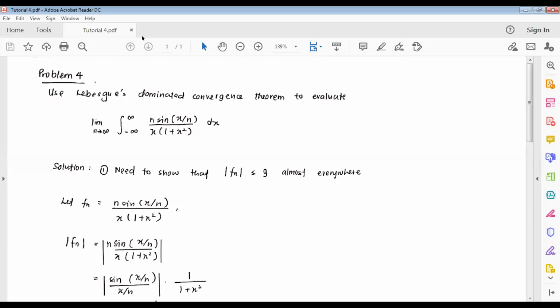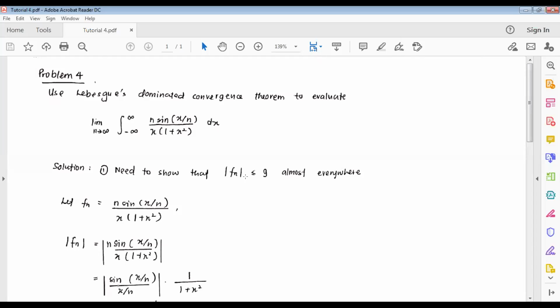Najiha, is it? Question 4. Okay, for problem number 4, the question asks to use the Lebesgue dominated convergence theorem to evaluate the limit of the integral of n sin(x/n) over x times (1 + x squared) from negative infinity to infinity.